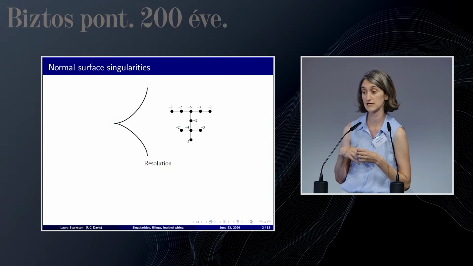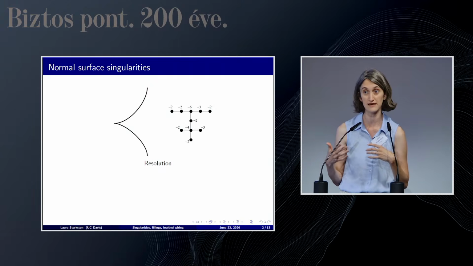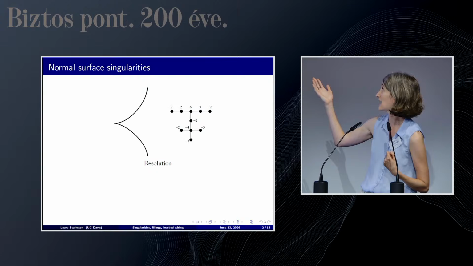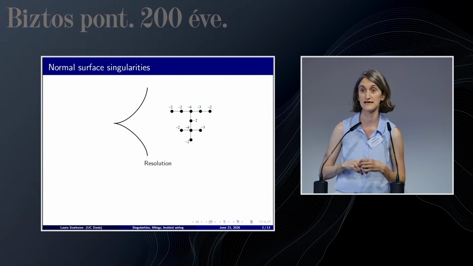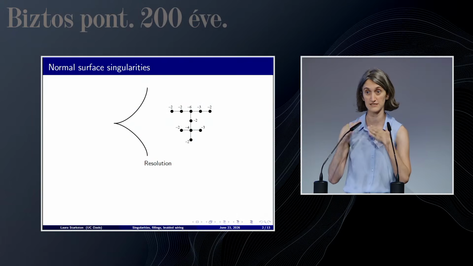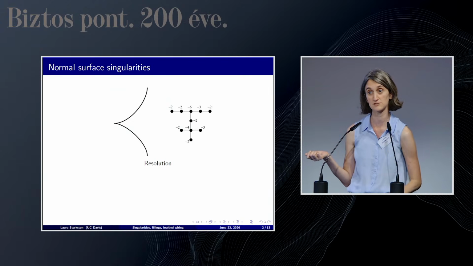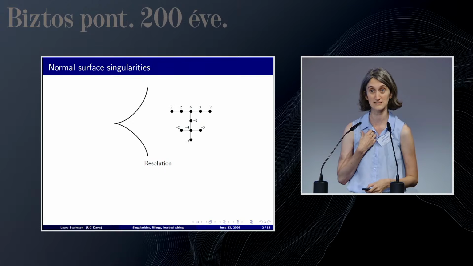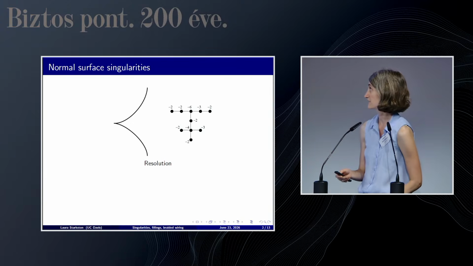In general, we can encode that by a graph with some decorations. I've put numbers which indicate the self-intersection numbers of those corresponding exceptional divisors, and the edges indicate how they intersect each other. In general, you should also specify the genus of each exceptional divisor. In my setting, I'm always going to look at rational singularities where the genus is 0, so I didn't put any genus numbers.